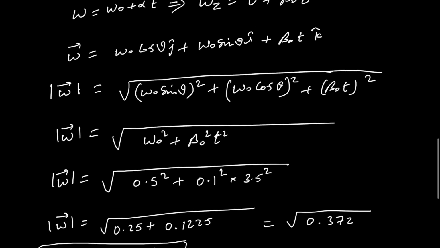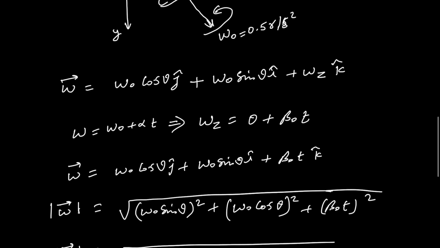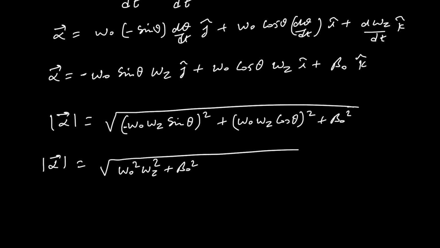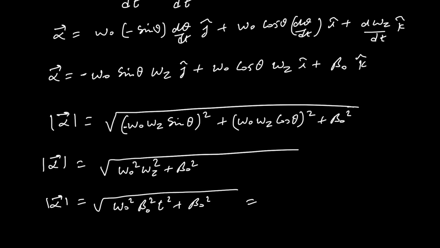If you can recall, the value of omega z is beta naught t. So instead of omega z, we will keep beta naught t. So in the next step, omega z is beta naught t, so beta naught square and t square, and plus beta naught square is there.